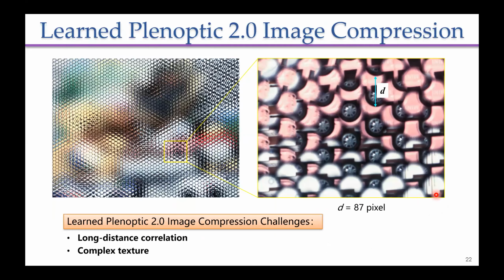We further analyzed the 2.0 images. The long distance correlation in the image and the very complex texture inside each micro image may cause the difference in compression efficiency. So new end-to-end networks need to be designed for 2.0 also. This is also what we wish to do in the future.